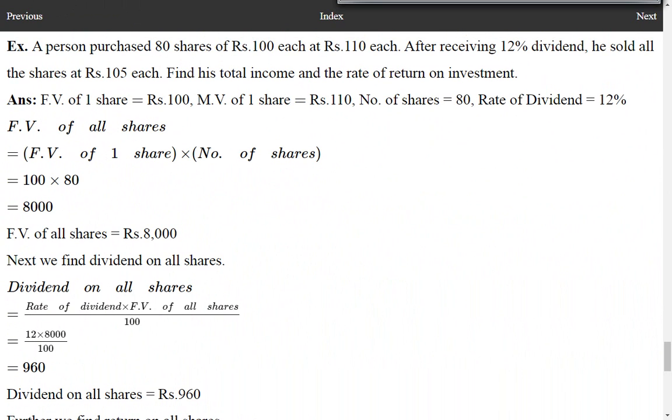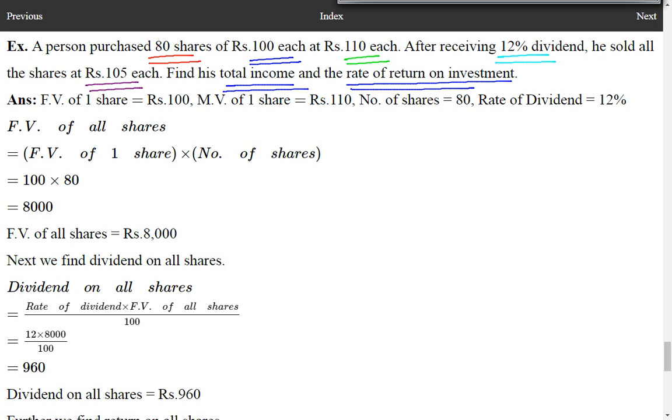A person purchased 80 shares of rupees 100 each at rupees 110 each. After receiving 12% dividend, he sold all shares for rupees 105. We have to find two things: his total income and rate of return.